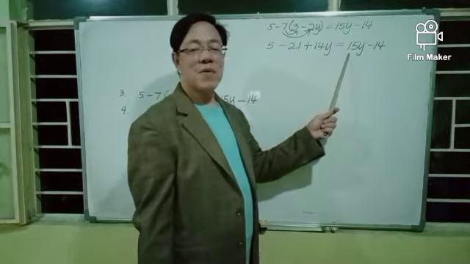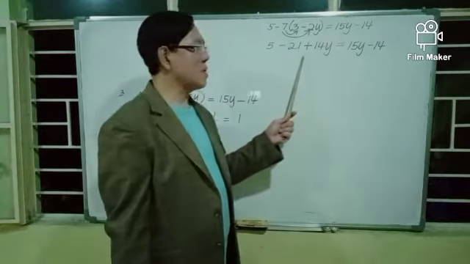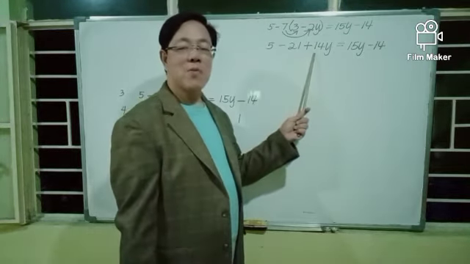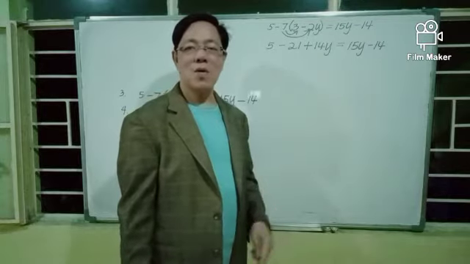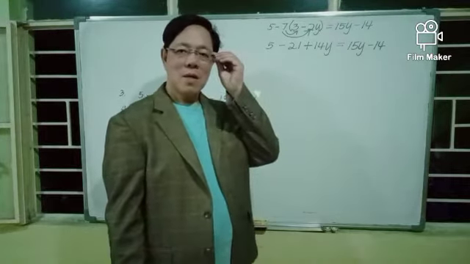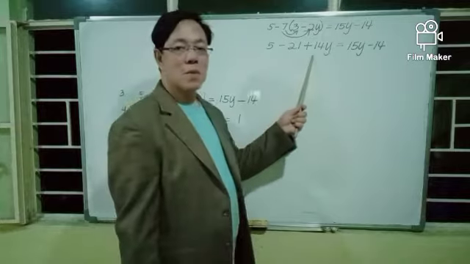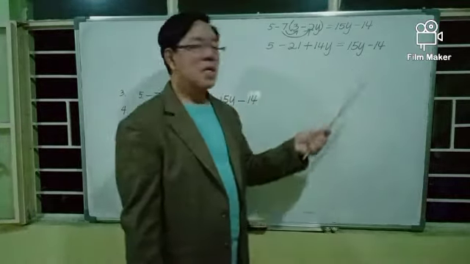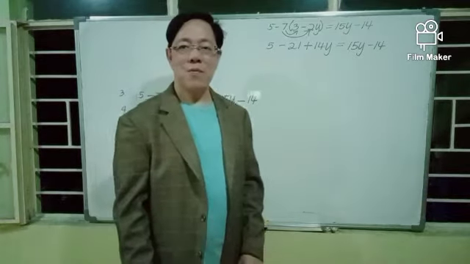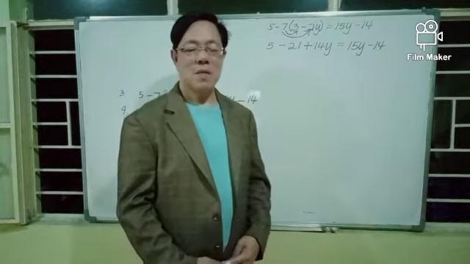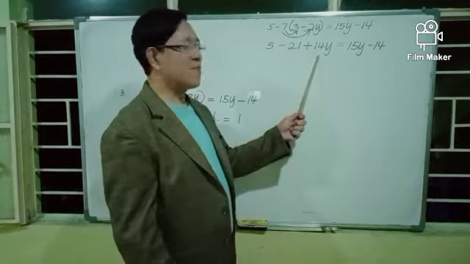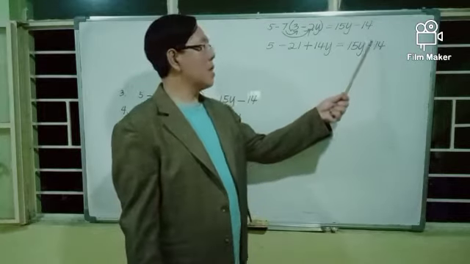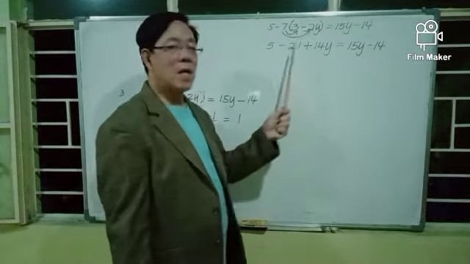If you bring 15y to the left hand side by transposition, and you combine it with 14y, you will get a negative coefficient of y. But if you bring 14y to the right hand side by transposition, you will get a positive coefficient for y. So we will transpose 14y to the right hand side and negative 14 to the left hand side.